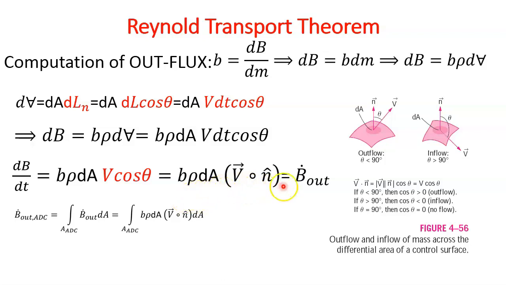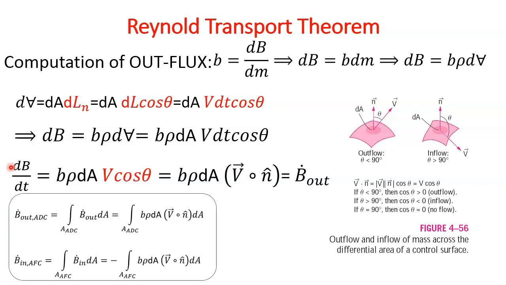This will be the integrand, and it is to be operated over the area ADC. So this is a surface integration over dA on area ADC. So B dot out we are replacing from this equation, and thus we have this quantity B dot out ADC.